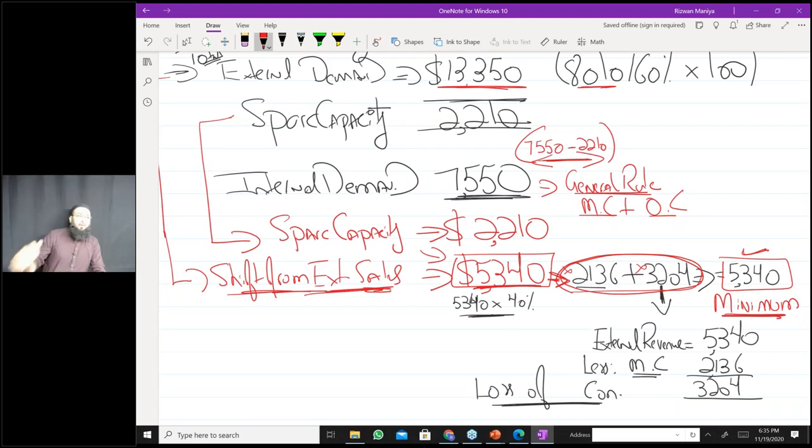Okay, now the revenue that I'm earning by using my spare capacity is 2210. What is 40% of this revenue? Can anyone tell me 40% of this revenue? Let's apply the general rule here. What is 40% of this revenue? It's 884.